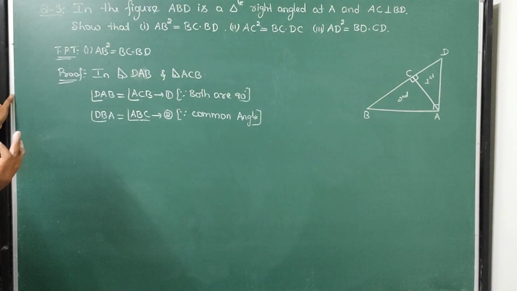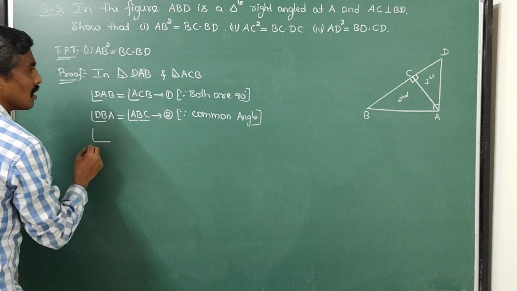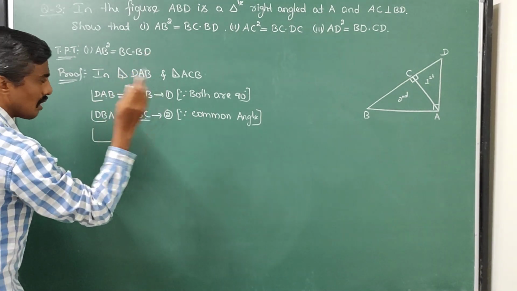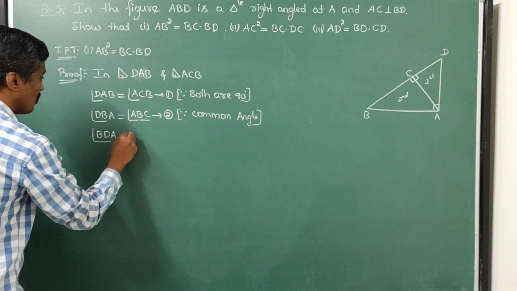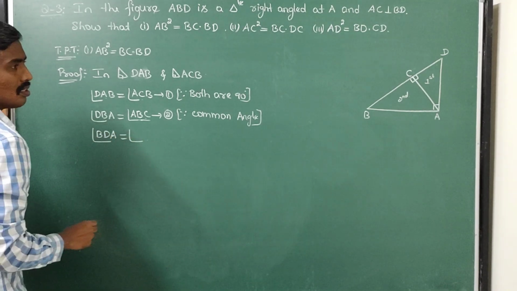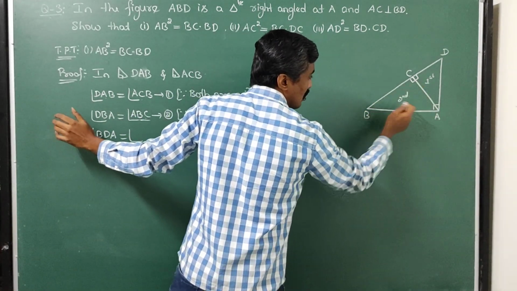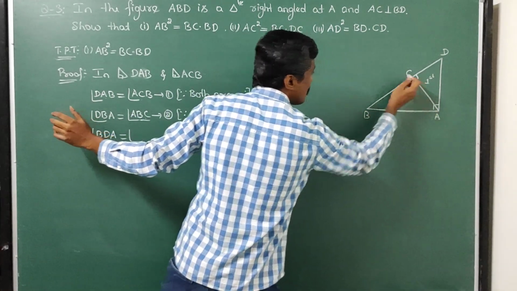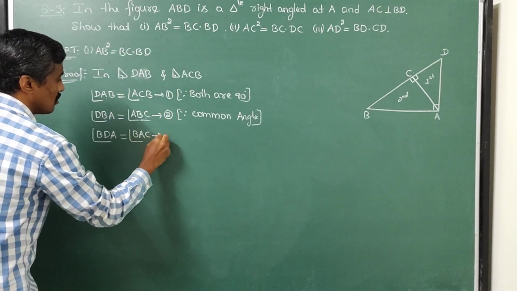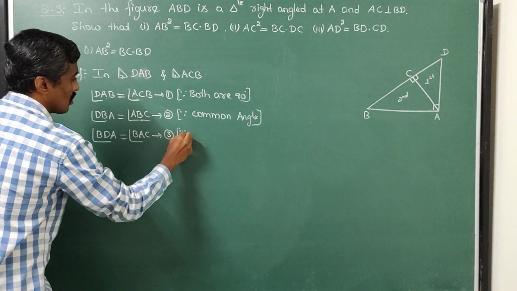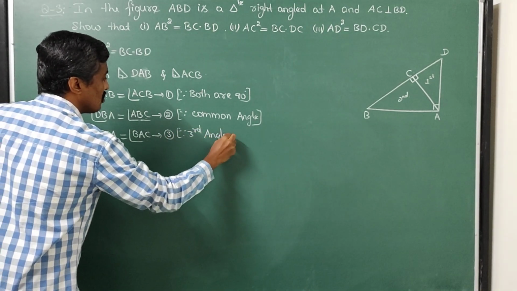Then one more angle is left out. So in the original triangle, angle BDA is equal to, since C is 90 degrees and B is already covered, angle BAC, the third angles of the triangles.